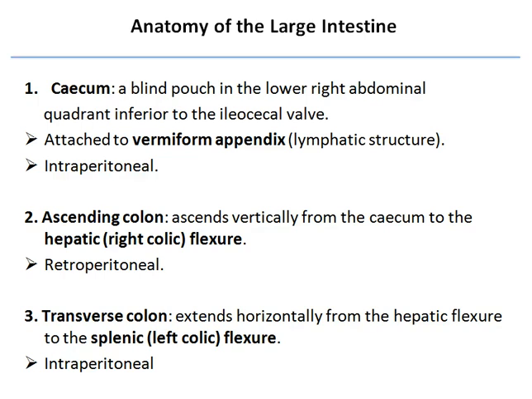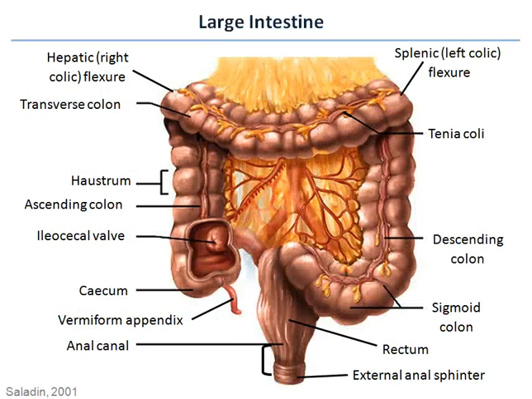So this is showing you the large intestine. Note its major components. Here is the ileum, and there's the ileocecal valve. There's the appendix, I've mentioned all these. Inferior to the ileocecal valve we have the cecum, a pouch-like structure there. Superior to that we have the ascending colon, a 90-degree turn at the hepatic flexure, the horizontally projecting transverse colon to the splenic or left colic flexure.